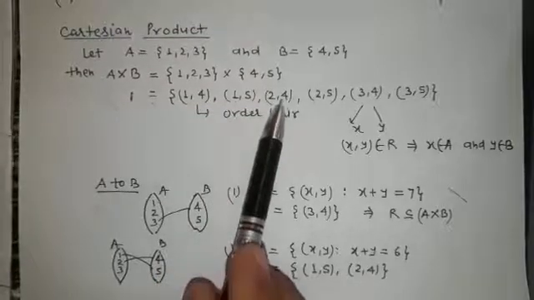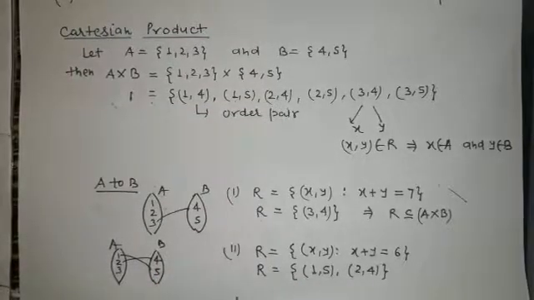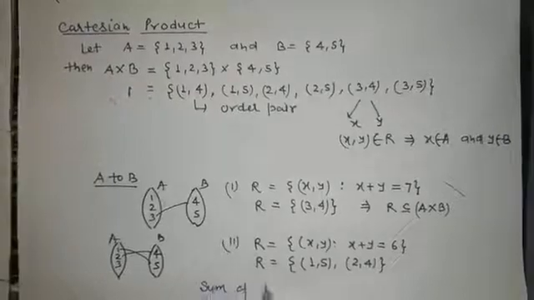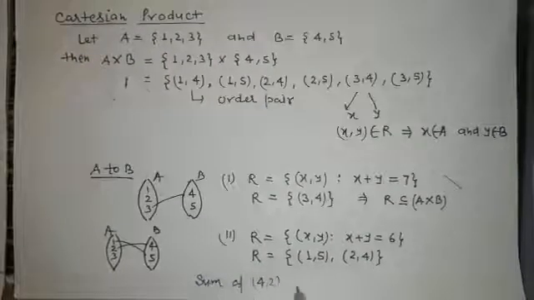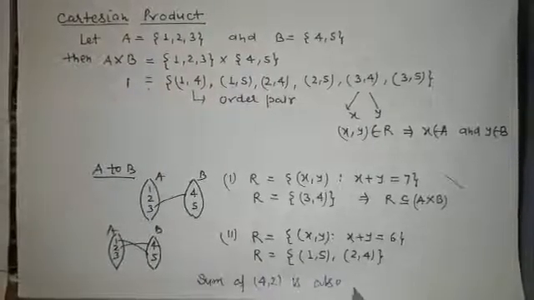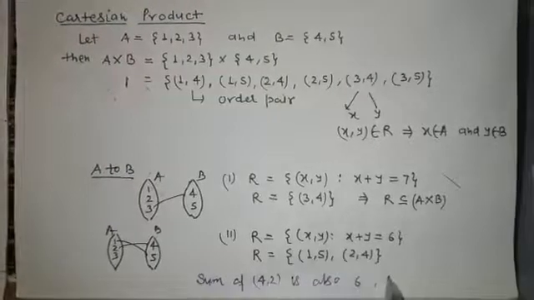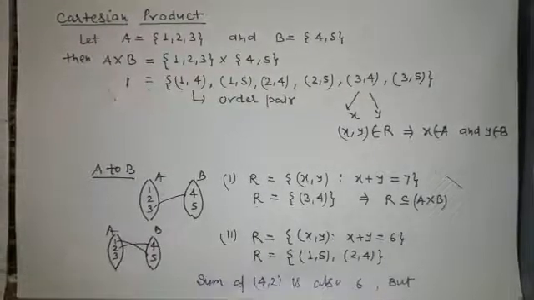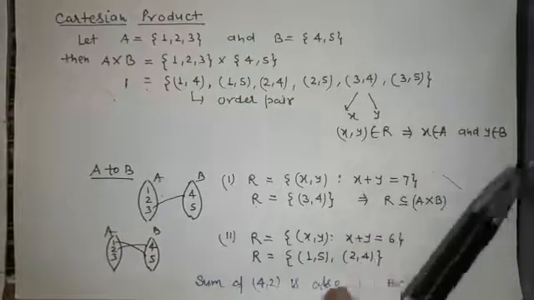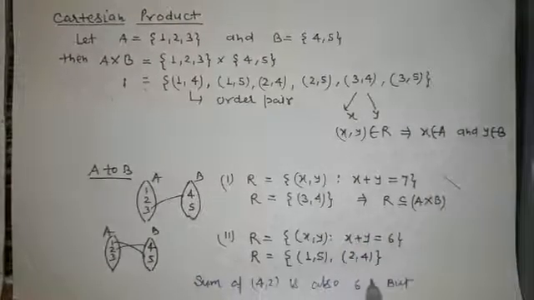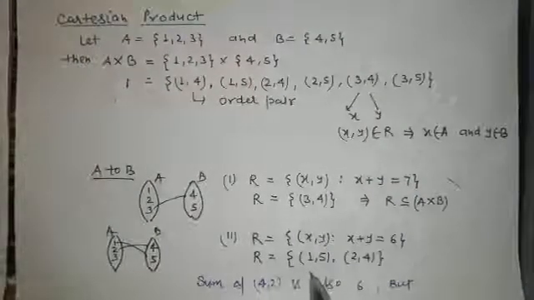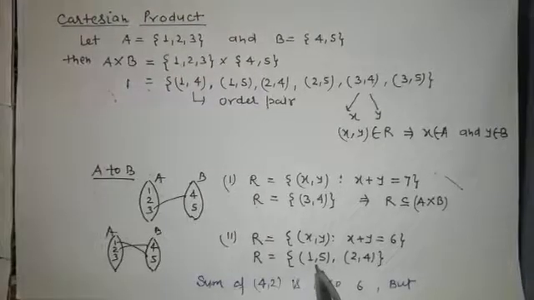The sum of (4, 2) is also 6, but (4, 2) is not an element of this A cross B. So a relation is each subset of the Cartesian product A cross B.